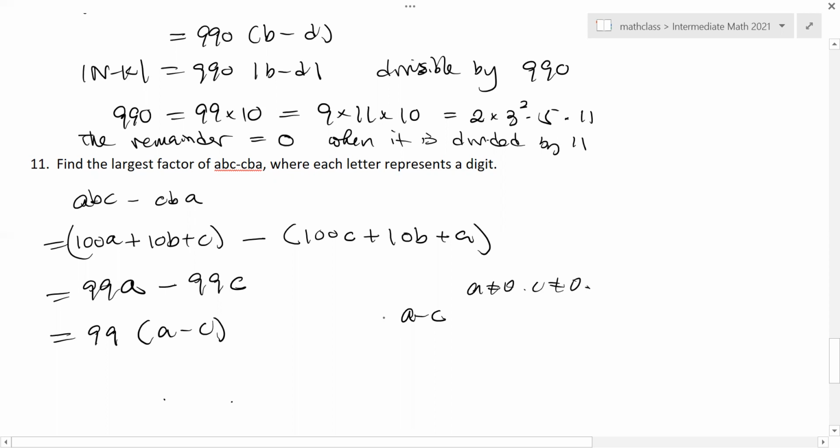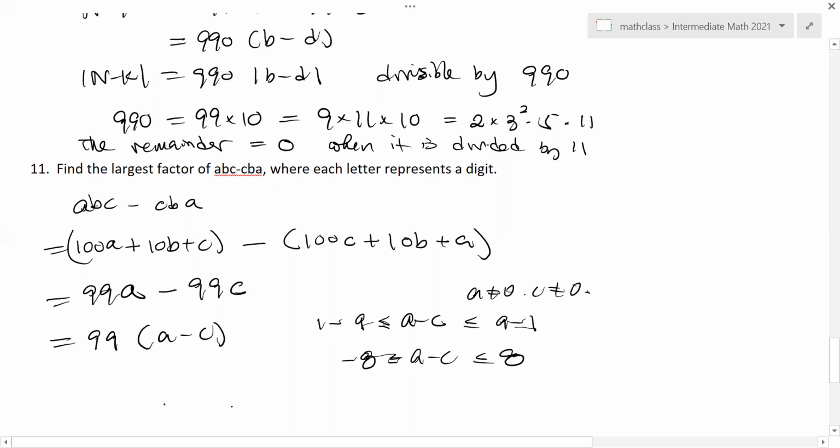So the smallest possible value you will get is 1 minus 9, and the largest is 9 minus 1. So it's between negative 8 and positive 8. So A minus C can be any of these digits from negative 8 to positive 8. Could be 0.